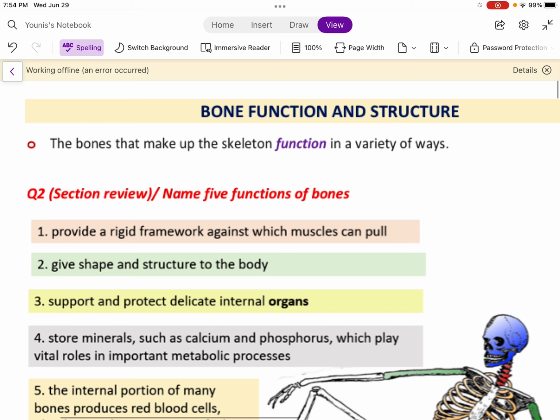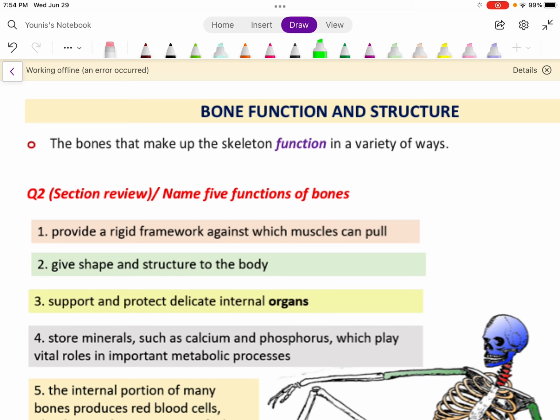Now let's go to the functions or the roles that the skeletal system plays in our body. First of all, it provides a rigid framework, a rigid basement for the muscles to attach to the bones and then pull them to provide us with movement.